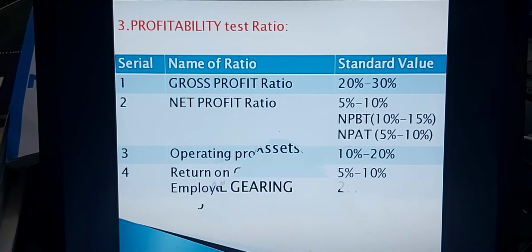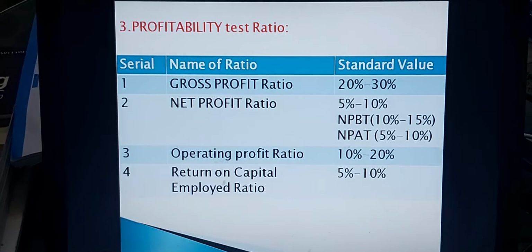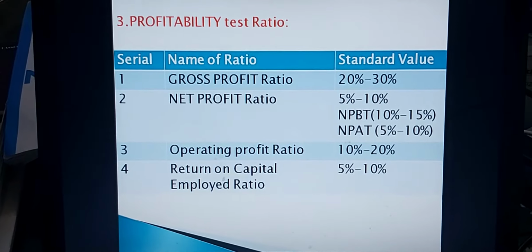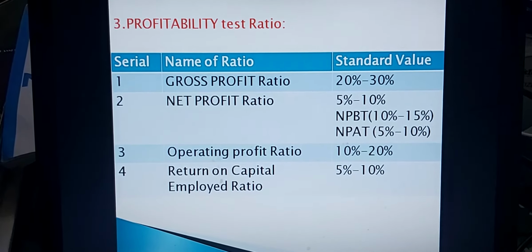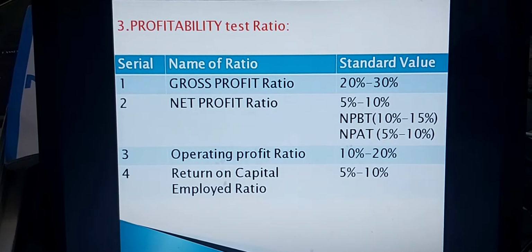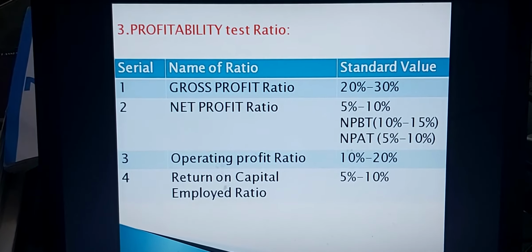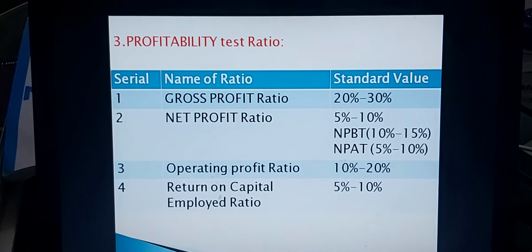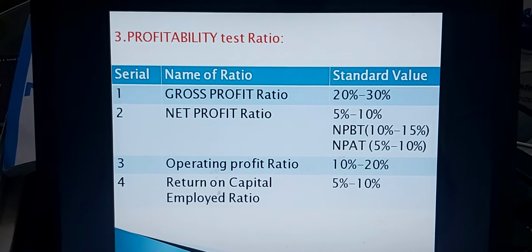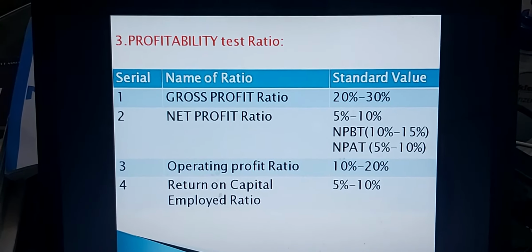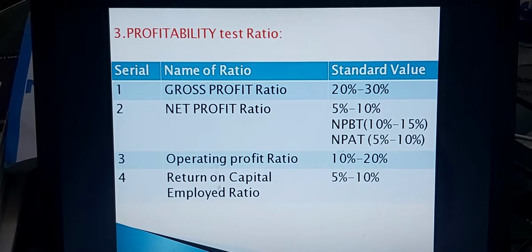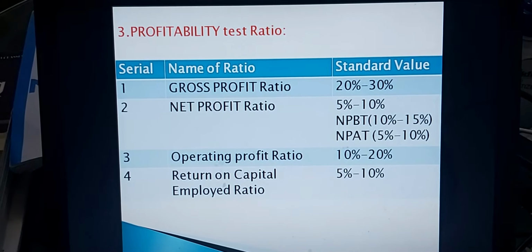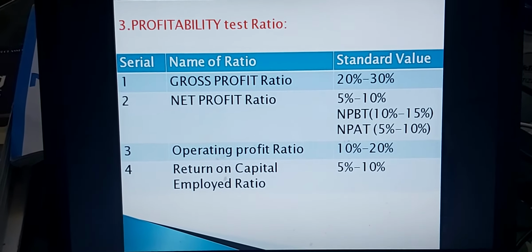Dear learners, you can see on the screen, third one, profitability test ratio. In this ratio, totally 4 items are included. Number 1, gross profit ratio. This standard is 20% to 30% in each business. Second one, net profit ratio. Generally 5% to 10%, but in case of net profit before tax, 10% to 15%, and in case of net profit after tax, 5% to 10%.